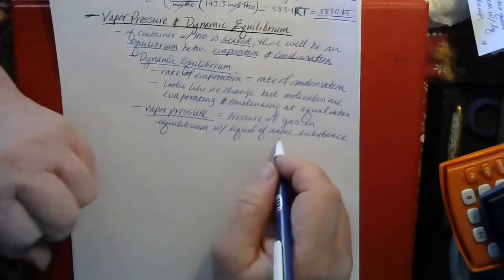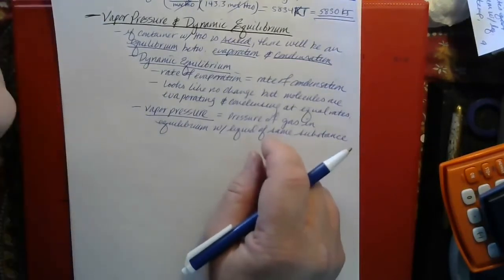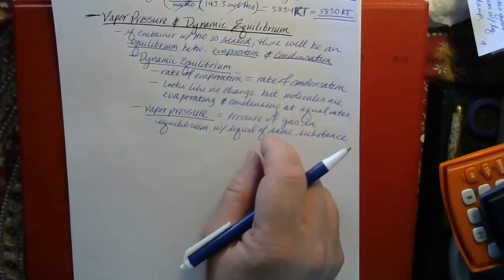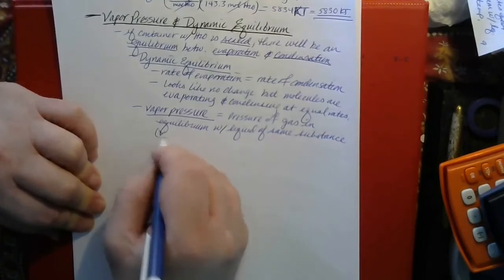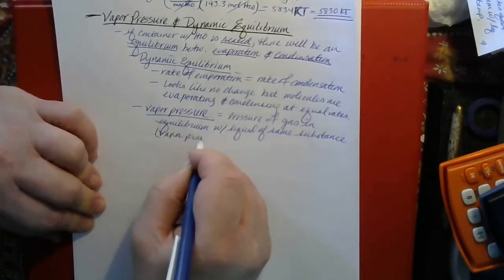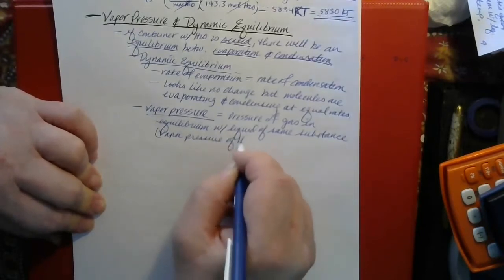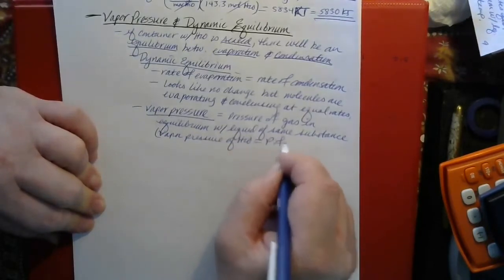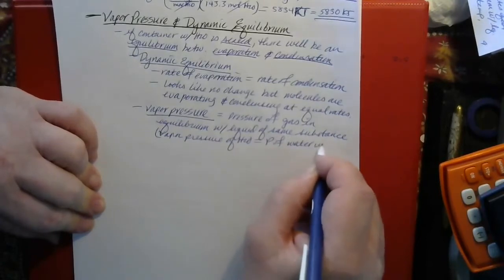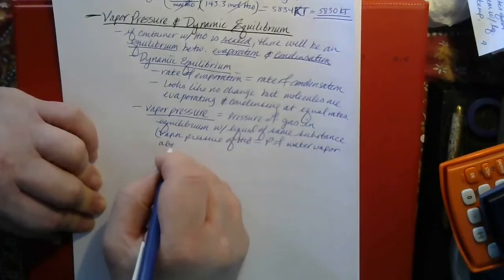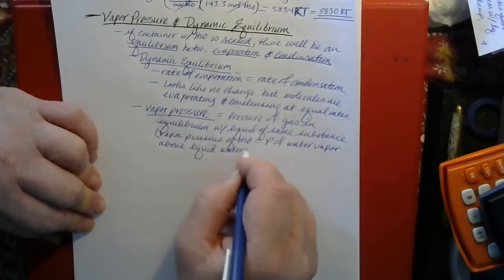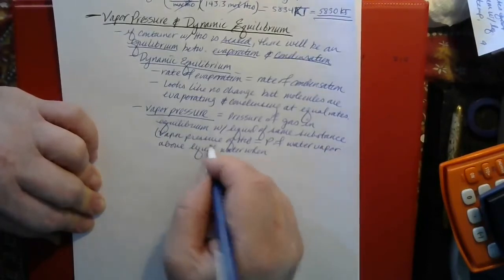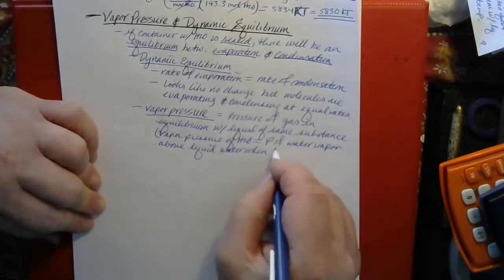So the vapor pressure of water is basically the pressure of water vapor above liquid water when the two are in equilibrium with each other. And when they're in equilibrium with each other, that's basically in a closed container.